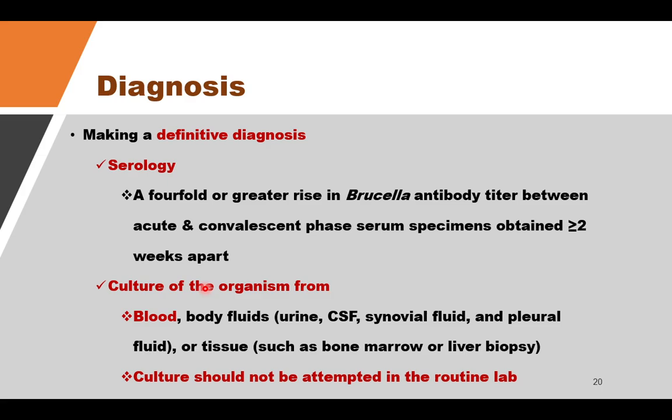So you have to send this sample to a biosafety level 3 lab. And remember what I told you that you have to do in terms of PPE and where you handle the sample. So culture, if you don't remember anything, culture should not be attempted in the routine lab. You must remember that. Everybody is going to be at risk if you do that.